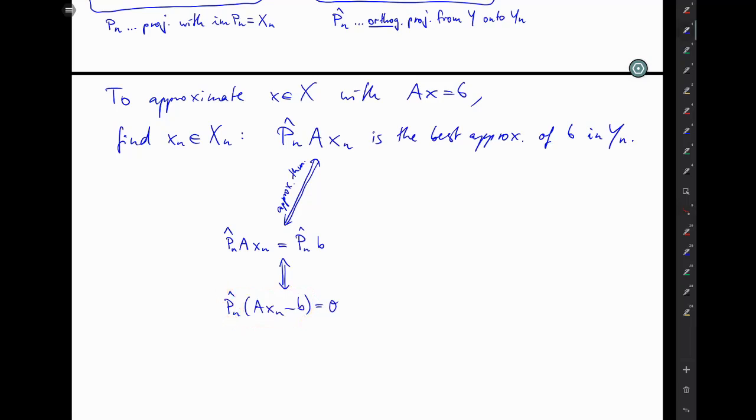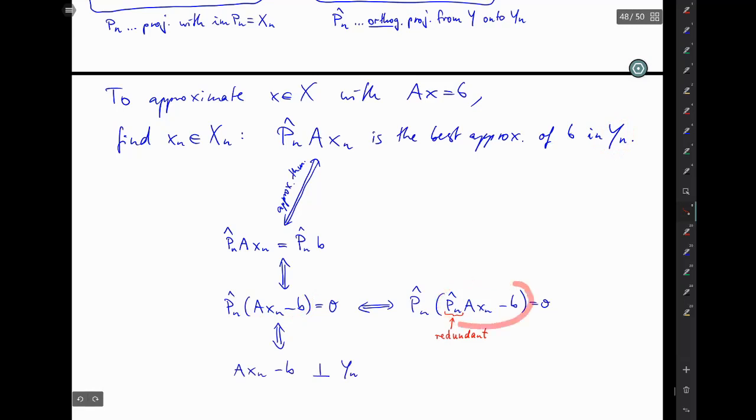Okay, now let's play around a little bit with the projection Pn hat by just copying this equation over to here and squeezing one more Pn hat in here, which is of course redundant because Pn hat is a projection. Now keep in mind that Pn hat is the orthogonal projection onto subspace Yn. So if Pn hat maps something to 0, then that something is orthogonal to Yn. And of course we can make the same conclusion here.